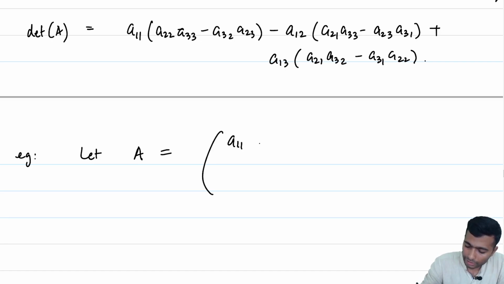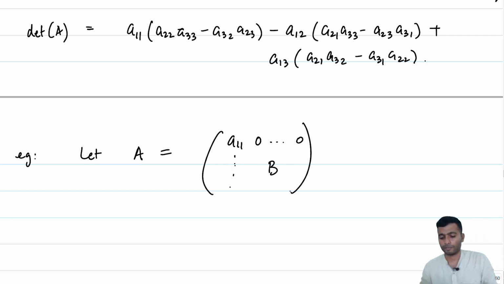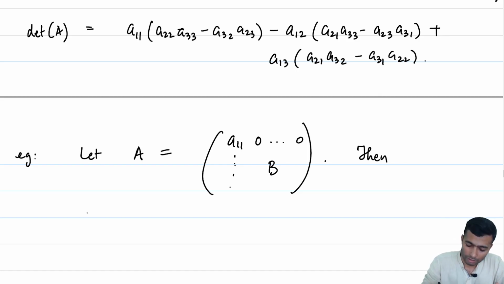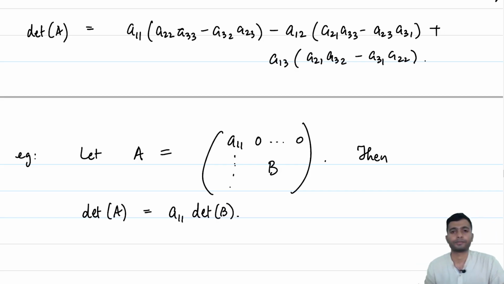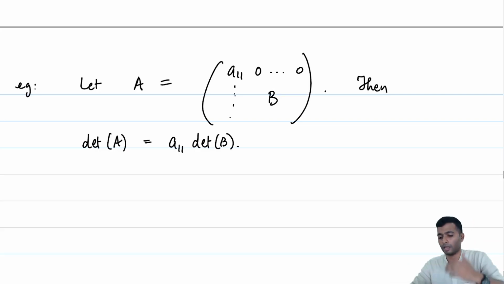There is A11 here and then there are zeros in the remaining entries of the first column, it does not matter what it is elsewhere, but suppose the minor of A11, of row 1 and column 1, is B. Then determinant of A is equal to A11 times the determinant of B, because the remaining expressions in the cofactor expansion are 0.